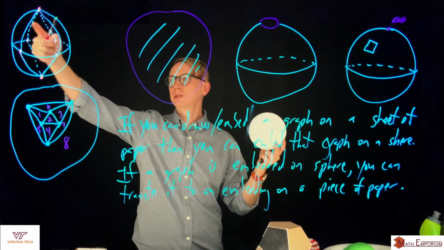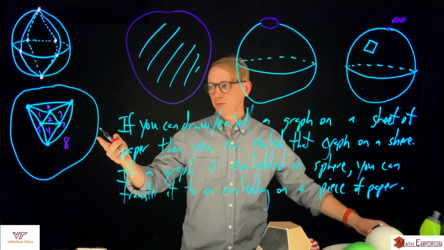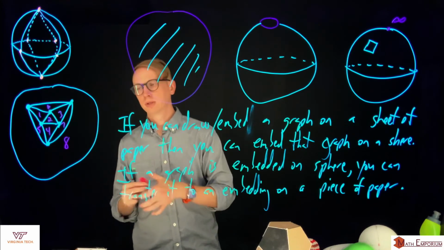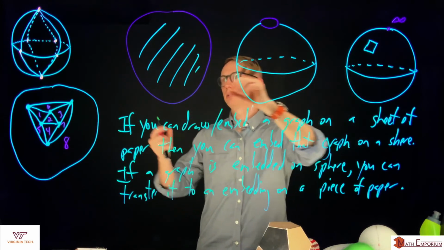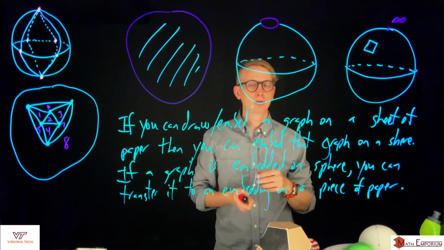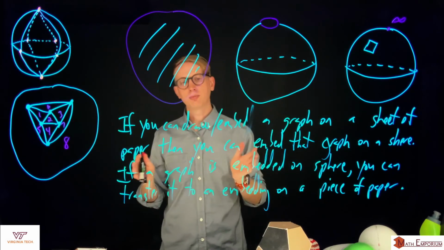Same thing up here, right? 4 on top, 4 on the bottom. This 8th face, if you don't work on a sphere, looks kind of special, right? However, if you take this picture and put it on here, it just looks like you took this picture and kind of just slid stuff over. But that 8th face is just a bigger version of the other faces, as long as you're on a sphere. But if you're on a plane, it does look special.